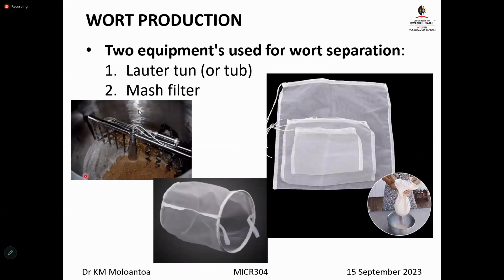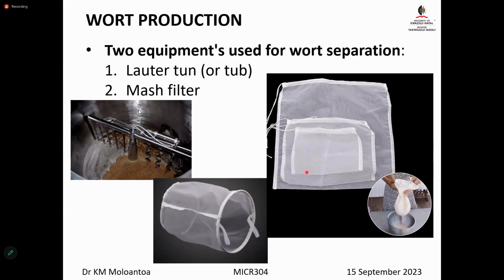Right. So this is how the vessel looks like inside, which is the lauter tun. This is the more modernized version of it. I couldn't get the pictures from our Westville campus brewery because it is in operation, so we're not allowed to be opening the process, especially if there's any process that is running in there.